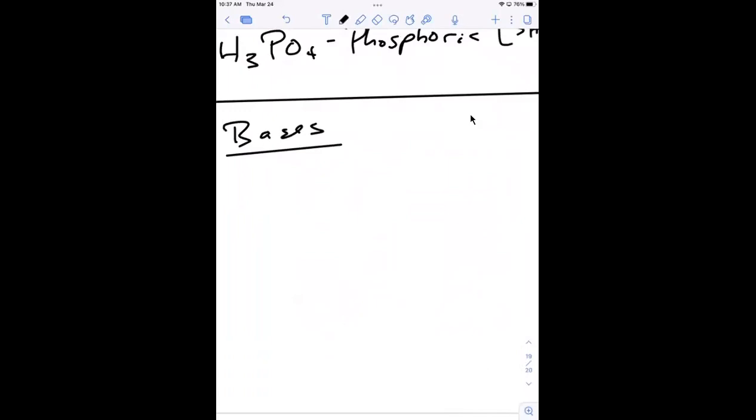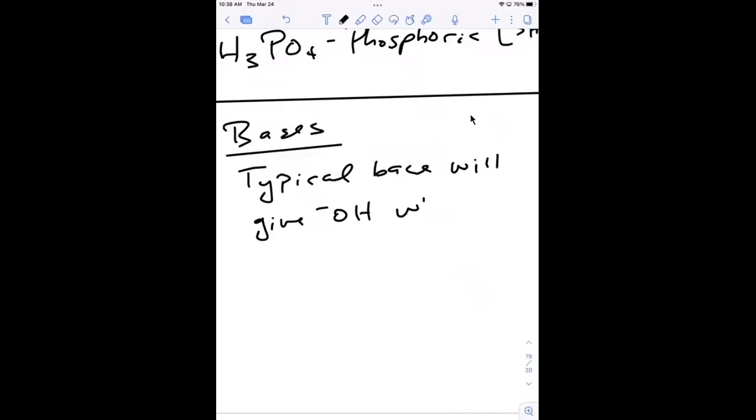That's the most basic definition of a base. So a typical base will give a hydroxide ion in the product once it's ionized.